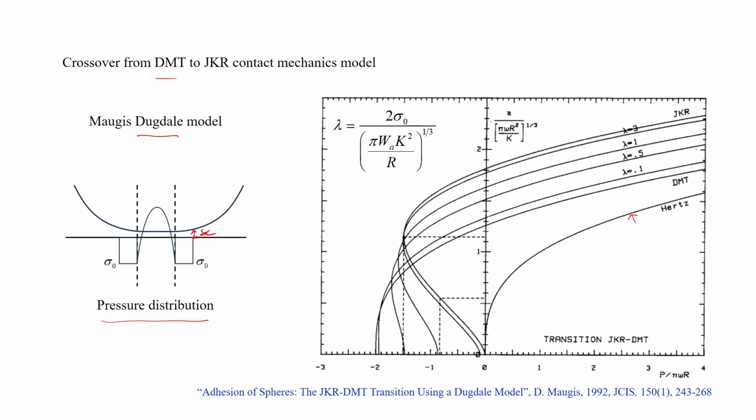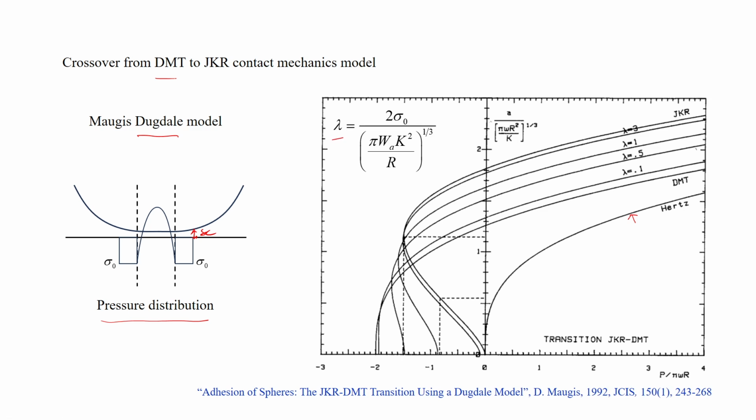Moses used this Dugdale model to derive the relation between A and P, and then made these dimensionless plots, which are very helpful. This is based on the quantity lambda, the Moses number.